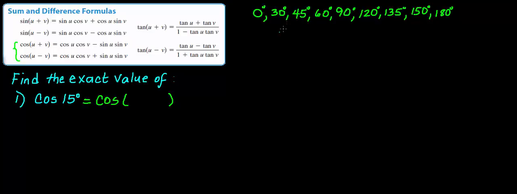So for example, I look at my list here of special angles that I know, and I start to see that if I take 60 and I subtract 45 from it, I will get 15. So I can rewrite this expression as the cosine of 60 minus 45 using special angles that I know. I can also rewrite cosine of 15 as the cosine of 45 minus 30, for example.